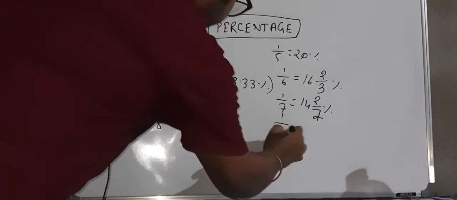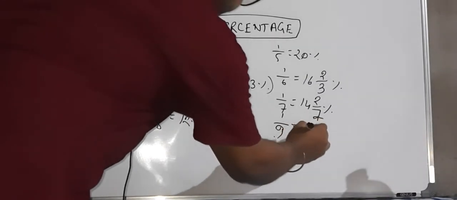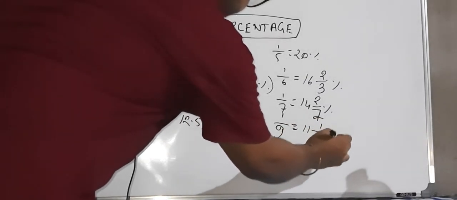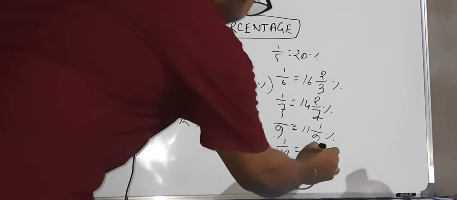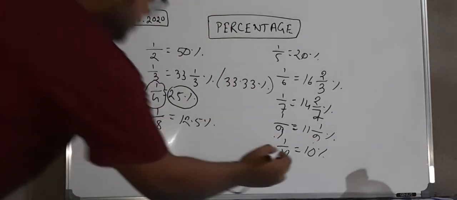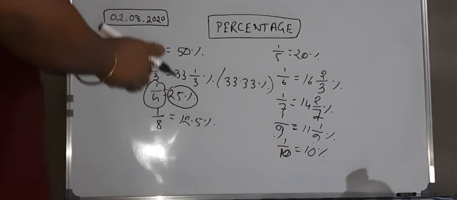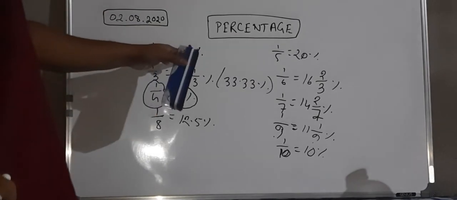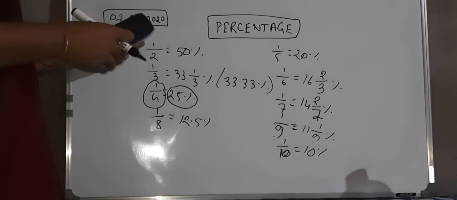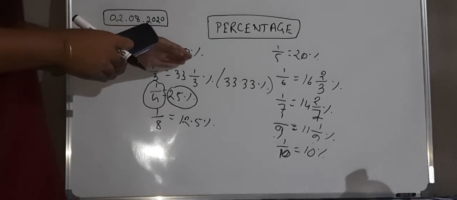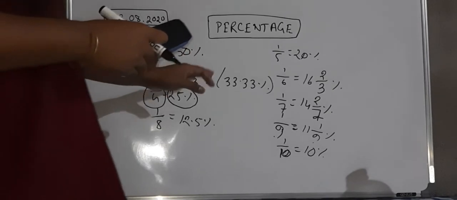Now 1 by 9 is 11 1 by 9%, and 1 by 10 is 10%. If you can remember these basic conversions, this will definitely help you in speeding up your calculation while solving simplification or any other topic where you can use the concept of percentage.